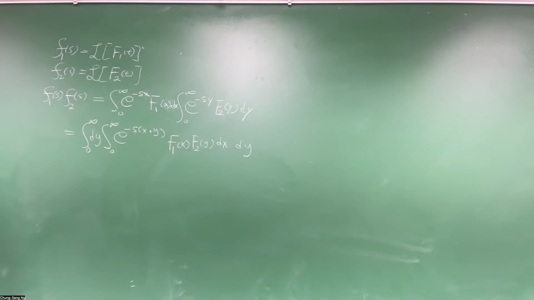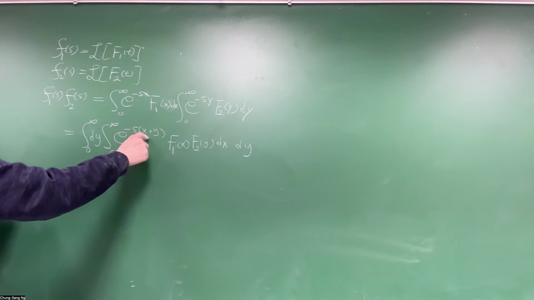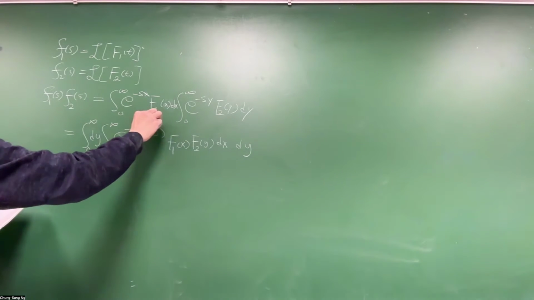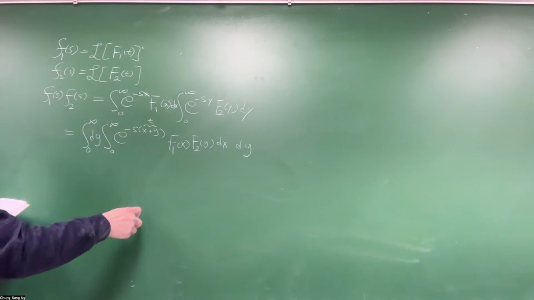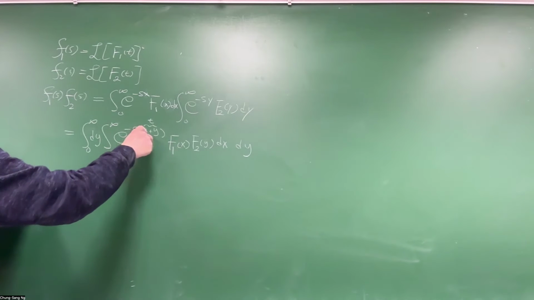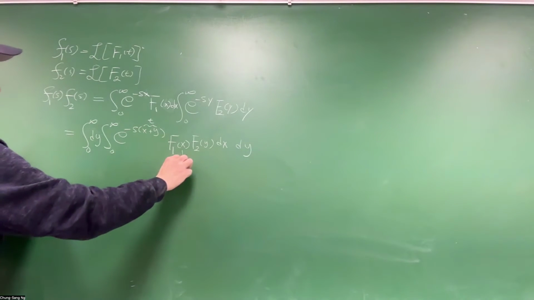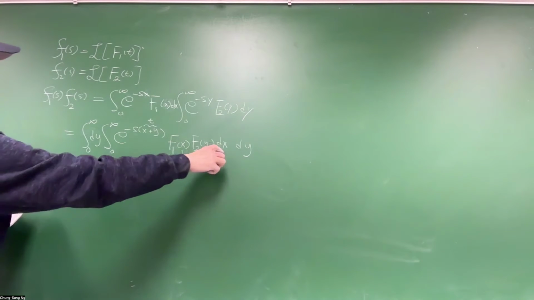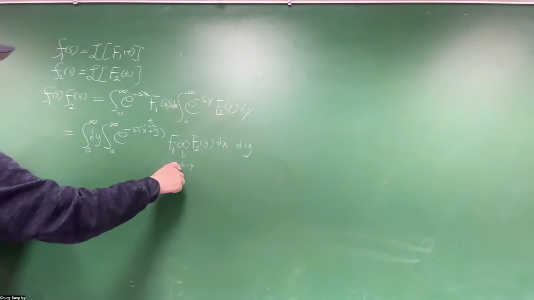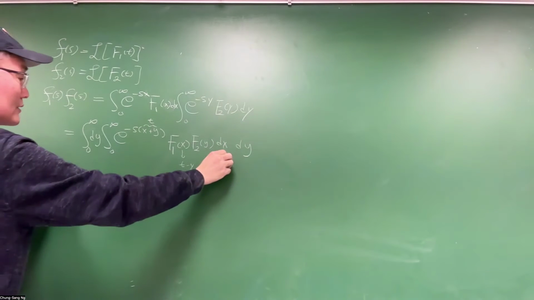Right. The reason to do that is we want to redefine the variable. So if x plus y is defined as t, and later on we keep the dy but change x. So x plus y is t, so x is t minus y, right? And dx we want to change also. dx is just dt.